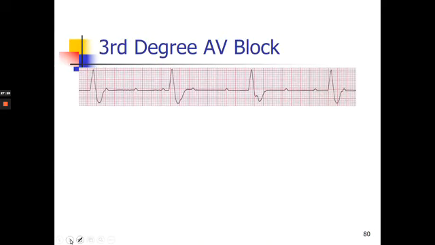This is third degree heart block. You remember PR intervals are longer than normal and there is no association between P's and QRS. This is P, this is P, this is P here. These are P's, and so on.